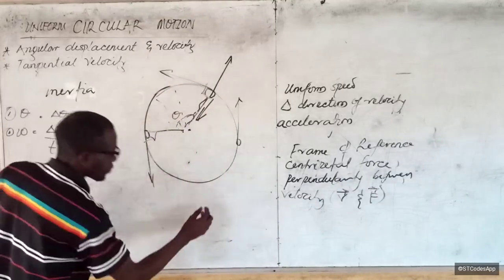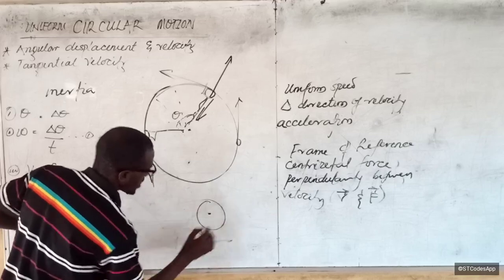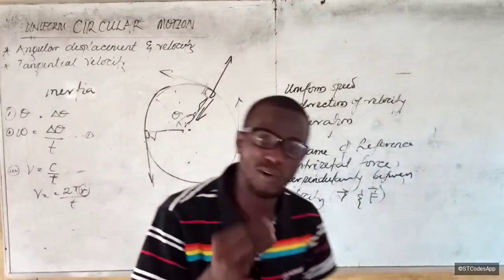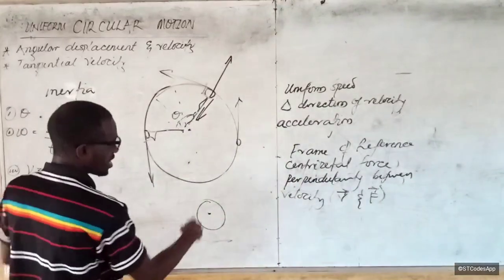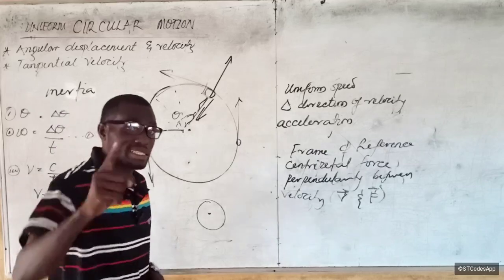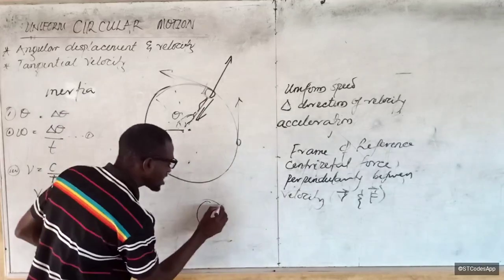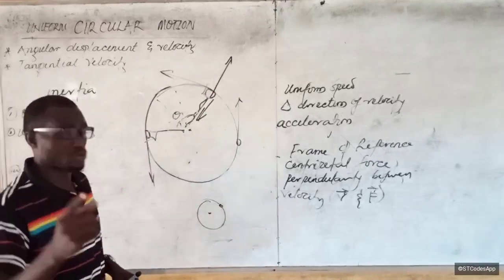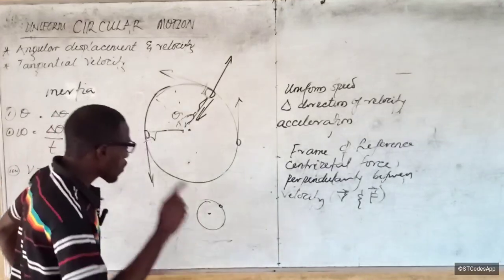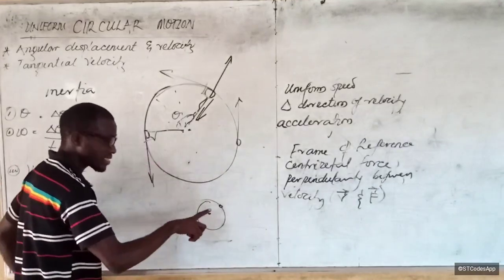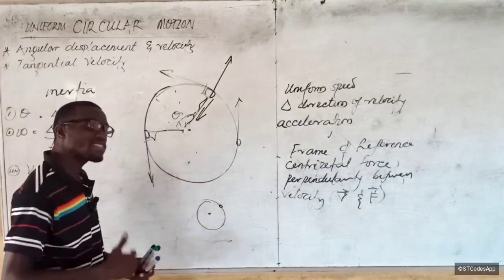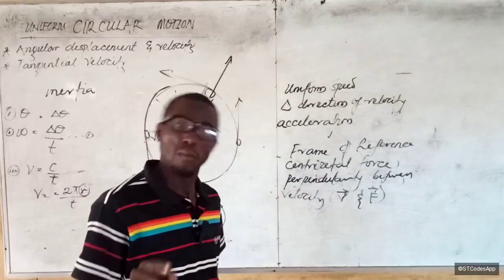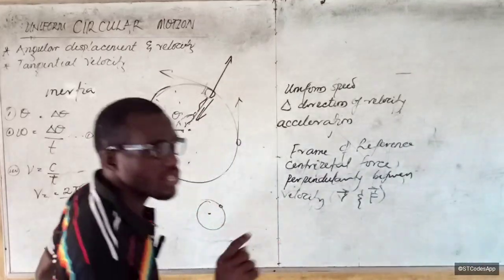Look at this wide circle and look at this smaller circle. Provided that the magnitude of the forces that are producing their centripetal acceleration is the same for this body and the body in this smaller circular path, you are going to notice that the angular velocity is the same, but the tangential velocity is different.